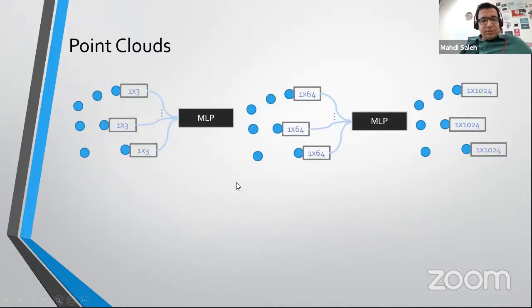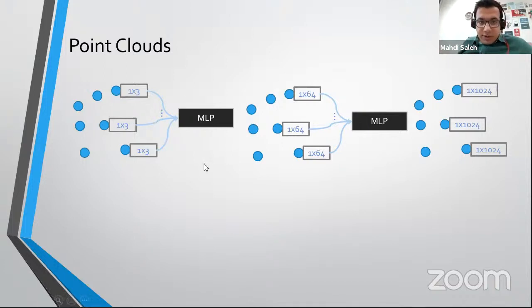One way to process point clouds is using symmetric functions. Symmetric functions means you can process points with a function that is applied to each point and does not take into account the other points. And the same results would be achieved if you reorder the points. Such functions are, for example, max or add, where x plus y equals y plus x.